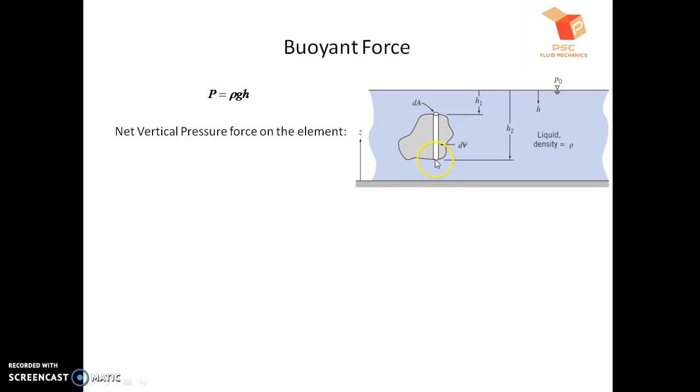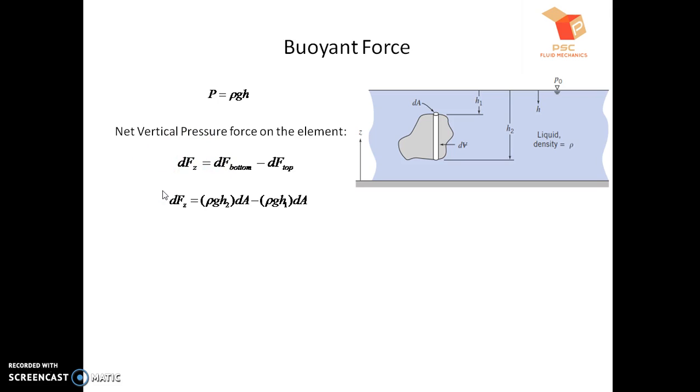Let us say at the bottom face the pressure force acting is dF bottom, and at the top face the pressure force acting is dF top. So the net force acting in the z direction will be dFz, which is nothing but dF bottom minus dF top.